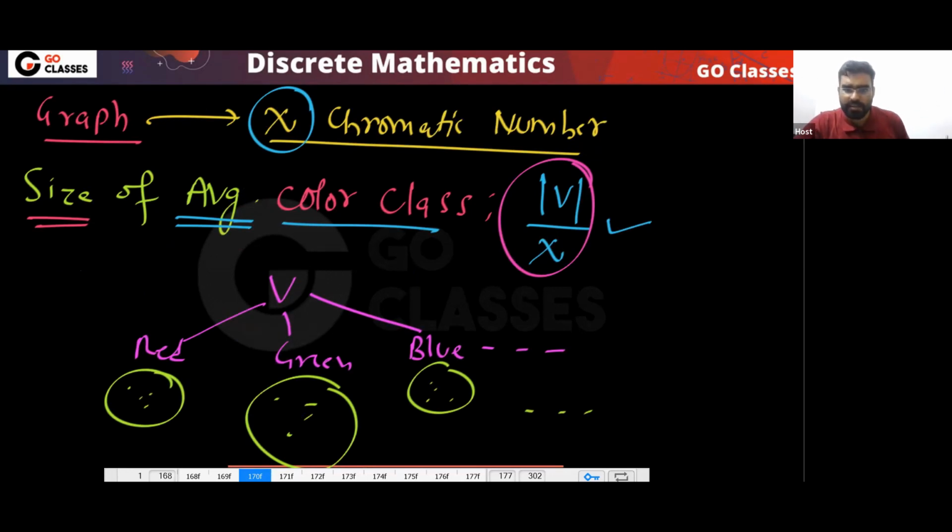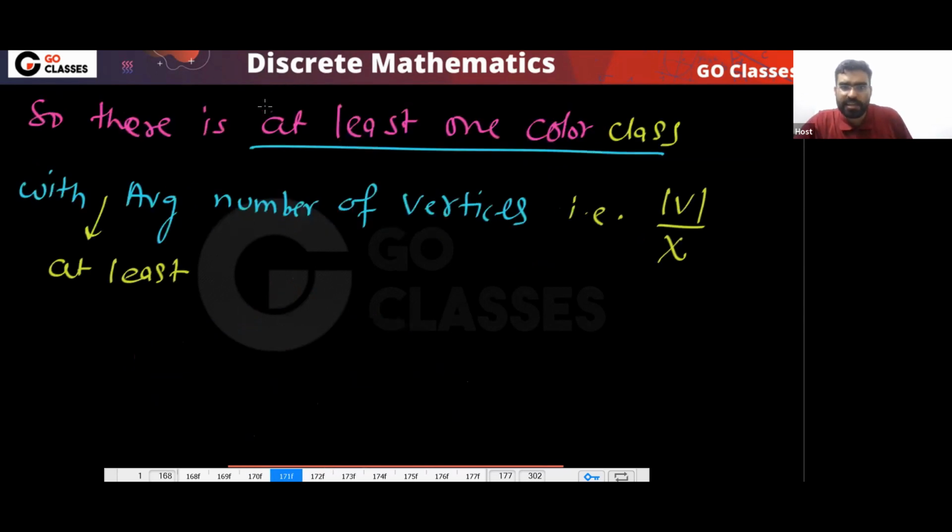So I can say that there is at least one color class. At least one color class will have at least these many vertices. Okay, and this color class is an independent set. So what can you say about the independence number?